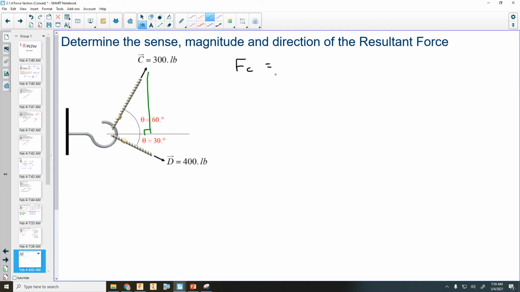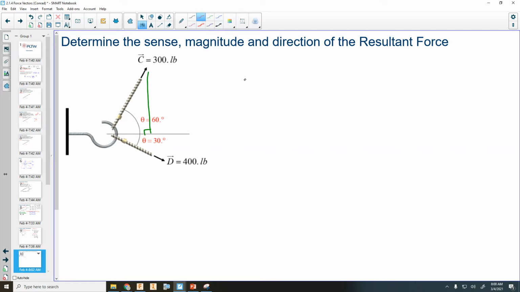The force of C, we could go back to the trig, that would be fine. In this case, it probably makes sense to just go back to the trig ratio.